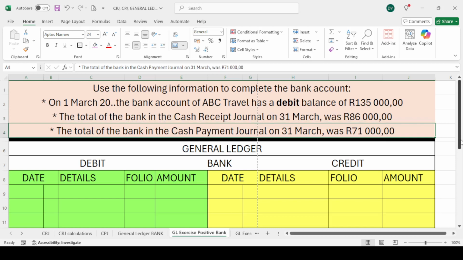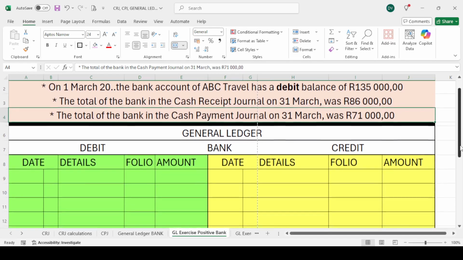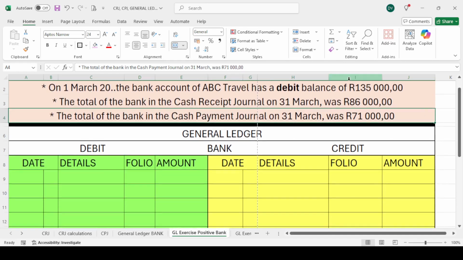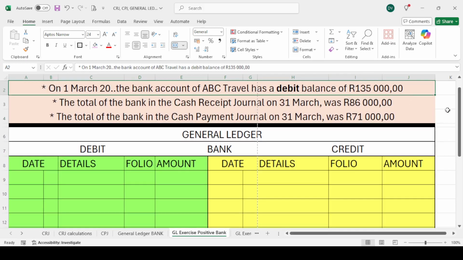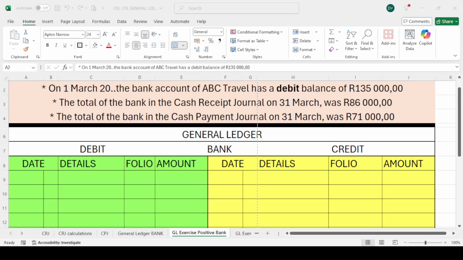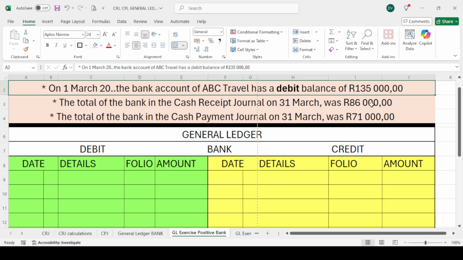Right, so what does this look like? Let's insert it. The first thing that I want to just point out is this balance. Where did it come from? Where did we find it? This is basically the balance from a previous general ledger.